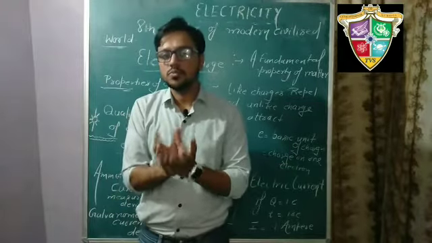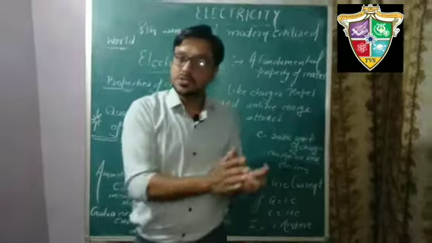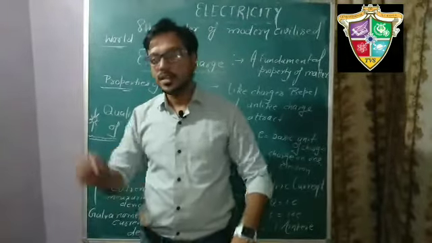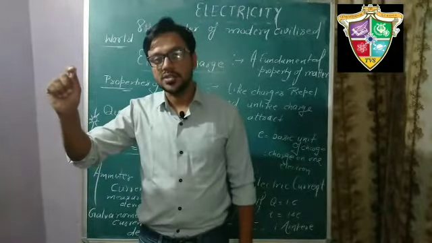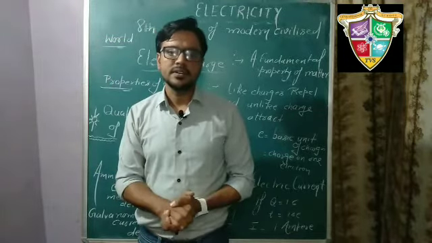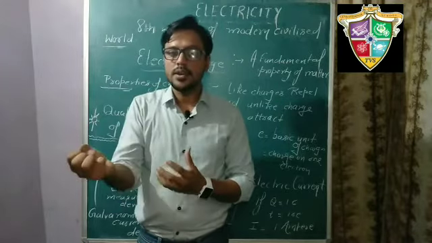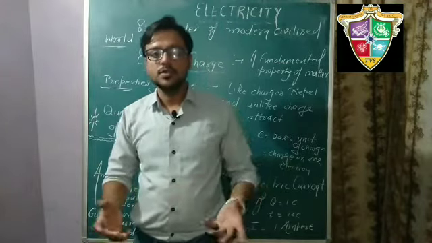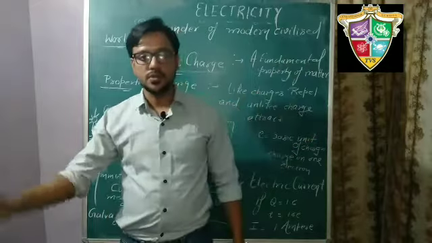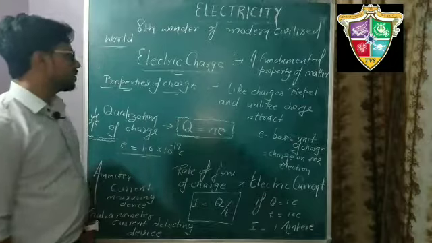So what is responsible for the attraction between the plastic scale and the pieces of paper? Pieces of paper are uncharged and the plastic scale becomes charged after rubbing with your dry hair. So charge is anything which makes the body capable of exerting force on another charged or uncharged body.